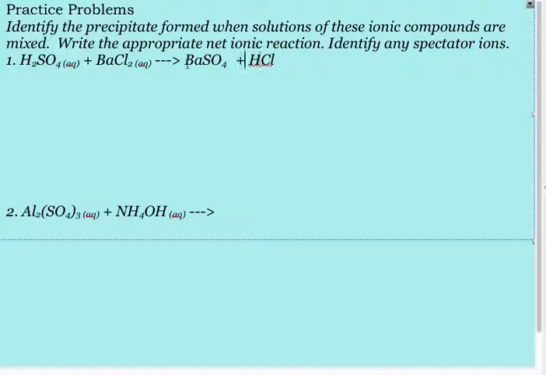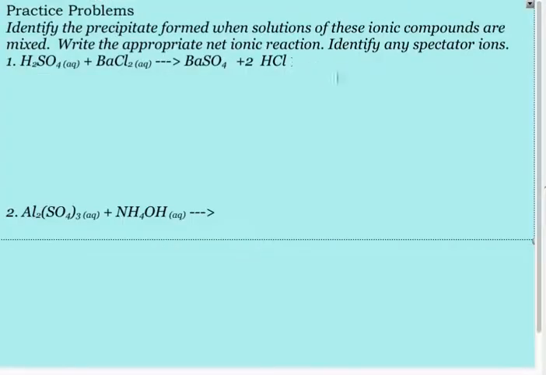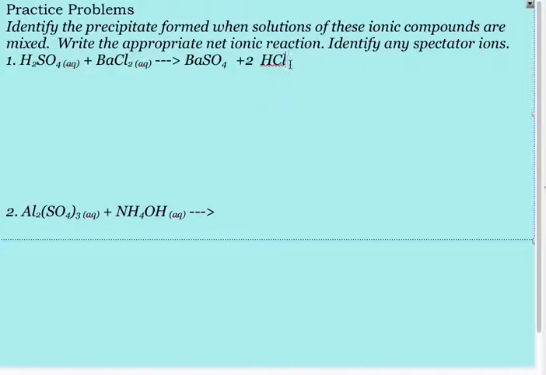And then to balance, we would need 2 of those. So you look back at your solubility chart on the last slide, and you say, okay, we had hydrogen chloride. Chlorides are soluble except for with silver, lead, and mercury. We don't have that, so that's soluble. So this would be aqueous.